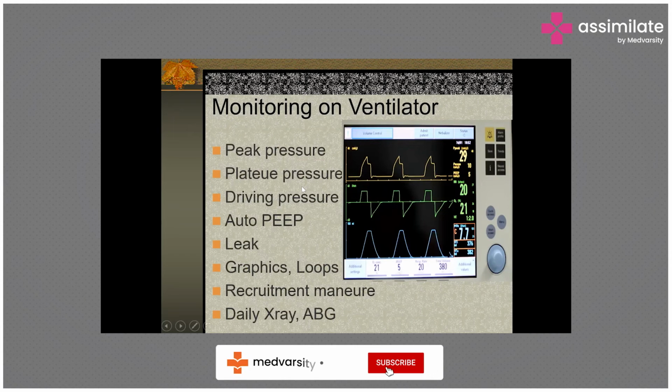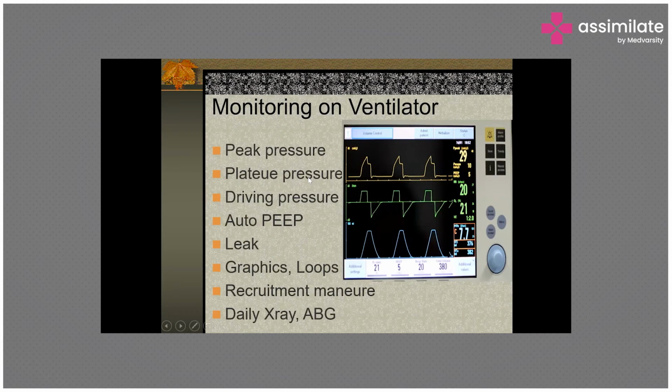If the alveoli are normal or elasticity is maintained, the plateau pressure will be less. The plateau pressure should be less than 30. If it is more than 30, it means the lung compliance is very low. The patient possibly has ARDS, and it has to be treated with either PEEP or a recruitment maneuver. And the second parameter that we monitor is driving pressure, especially in ARDS patients.